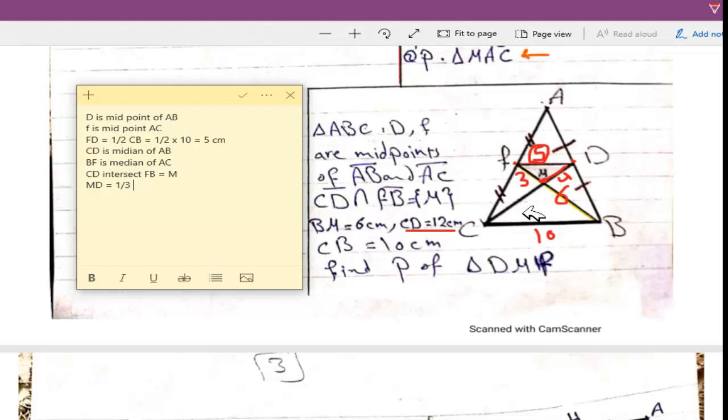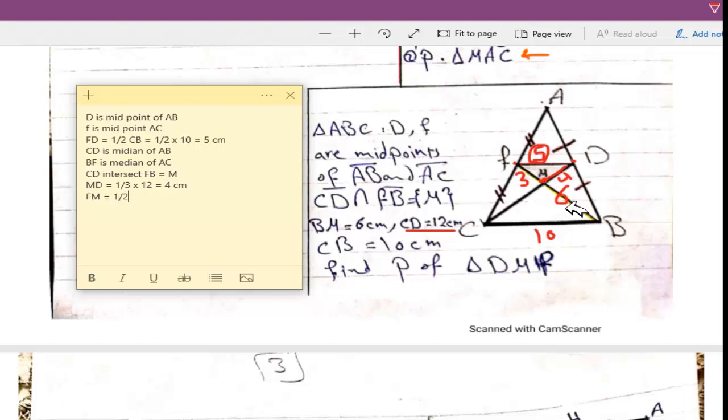Third multiplied by 12 or 12 divided by 3 equals 4 centimeter. Then I have to find FM. So FM equals how many? FM equals half what? Half MB.